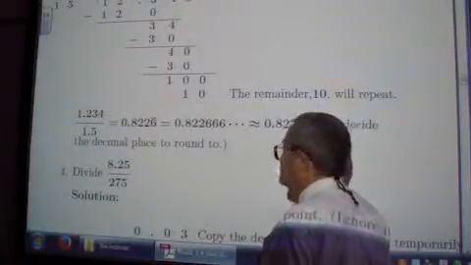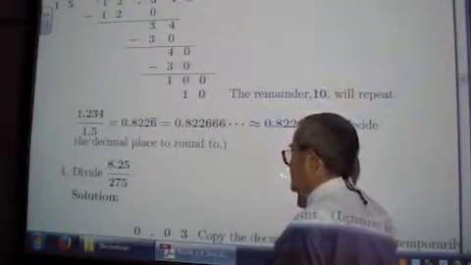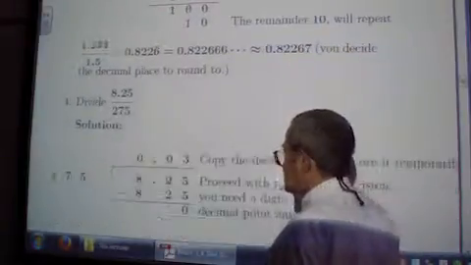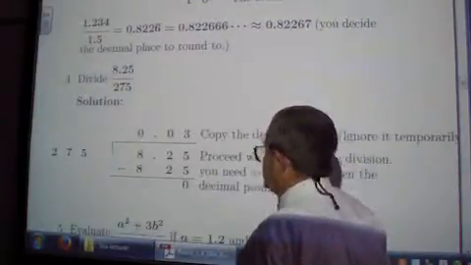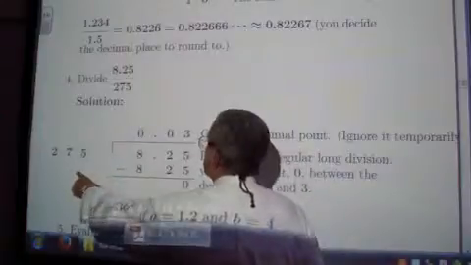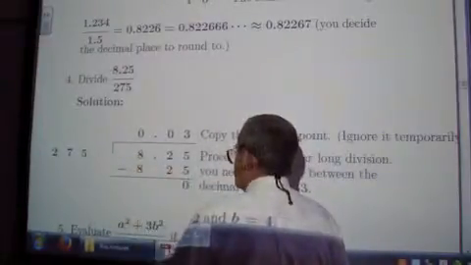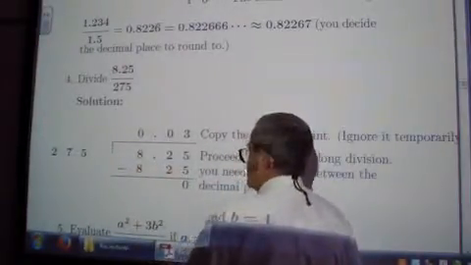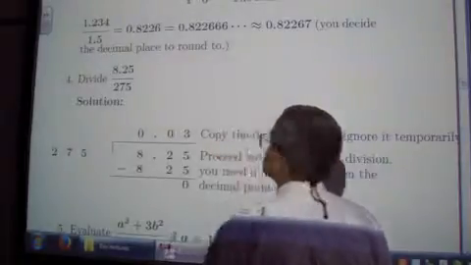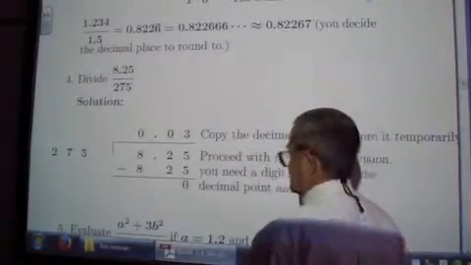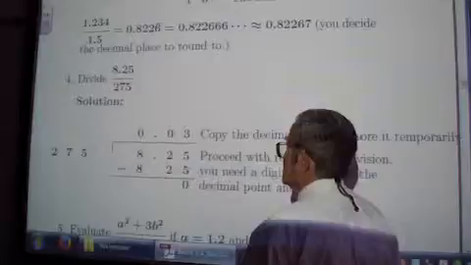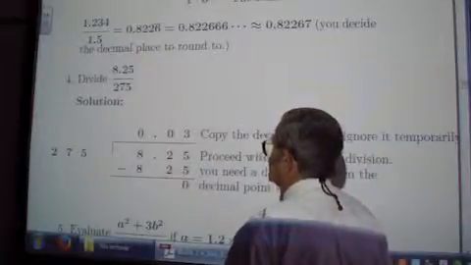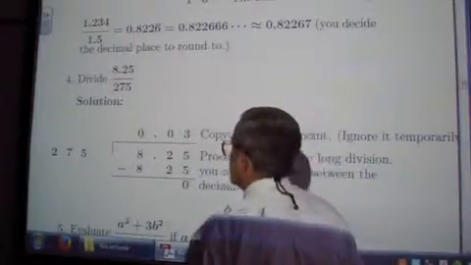Okay. So we are dividing 275 into 8.25. I want to multiply.